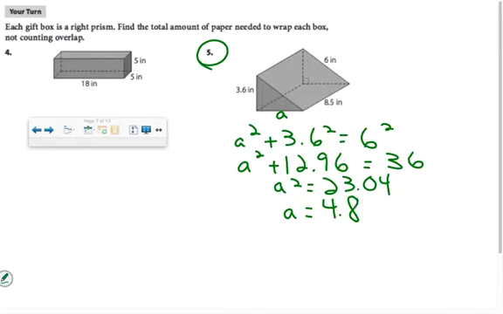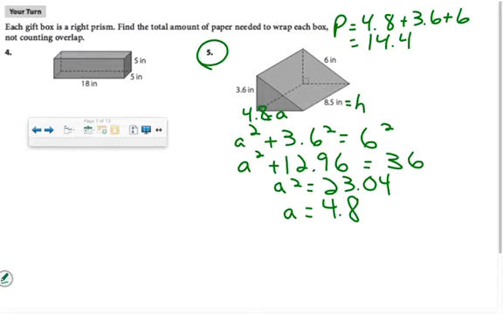Now I know this length, and I can use it to find perimeter. The perimeter of my base will be 4.8 plus 3.6 plus 6, and that's 14.4. The height of my prism is the 8.5.